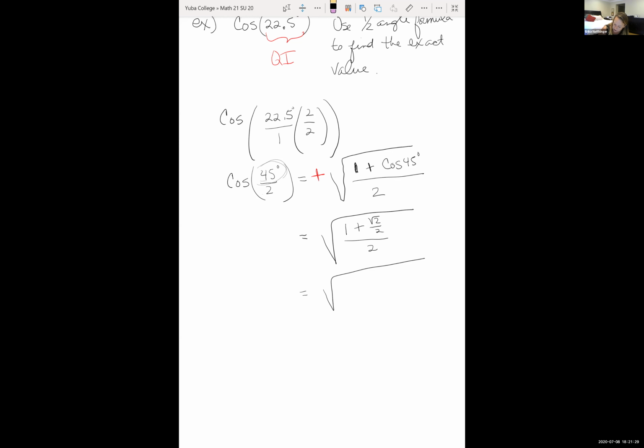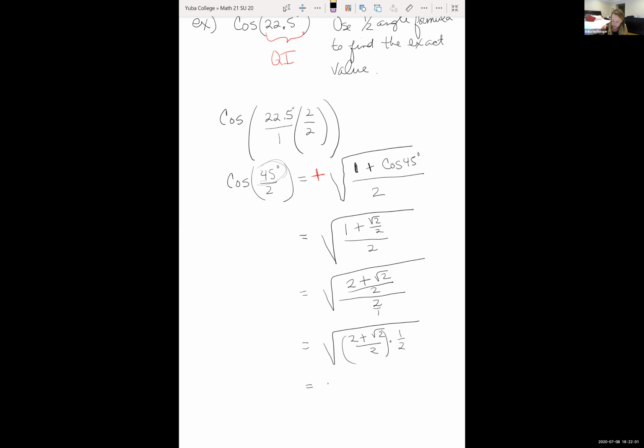Okay, so 2 plus root 2 all over 2. That was just getting a common denominator in this numerator. And then this is all over 2. So invert and multiply. So this is 2 plus root 2 all over 2 times, flip this 2 up, that would be times 1/2.